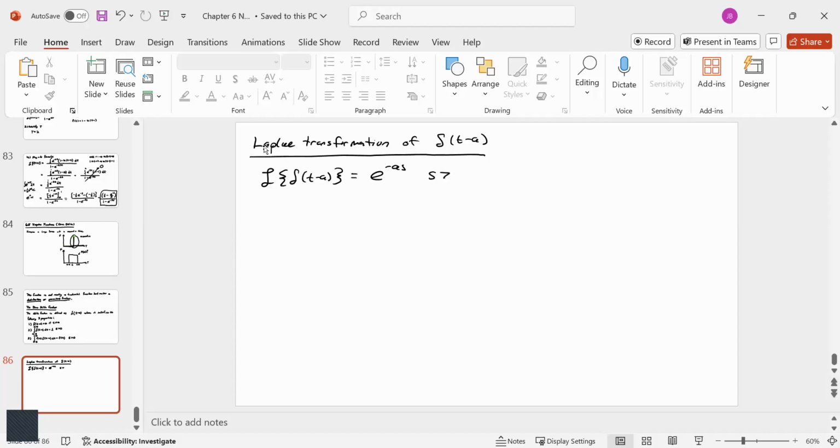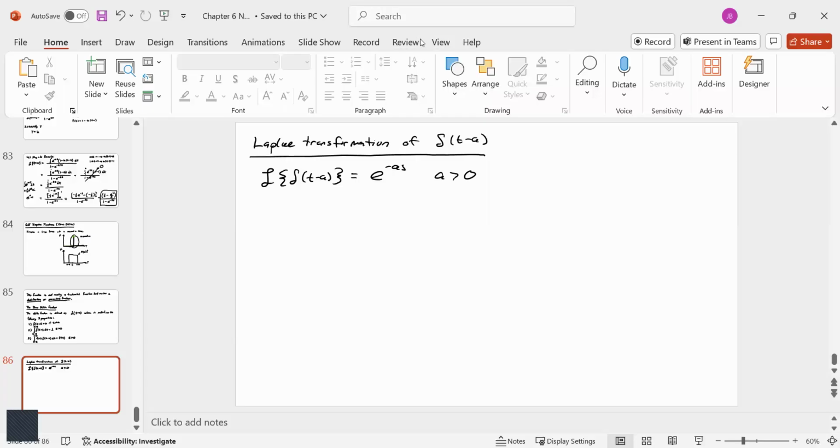So it's basically like the step function, just without the s dividing it. So a is positive. That's it. That's the Laplace transformation. And that's all that's really going to come down to is you not even remembering that, just knowing which one this belongs to, which on the table will be provided.